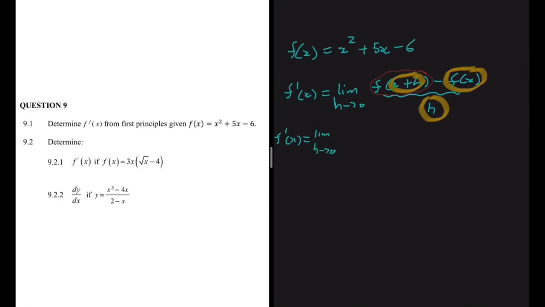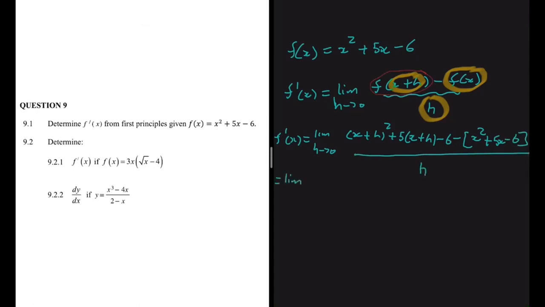In place of x squared, we put x plus h squared, and then plus 5x, in place of x we put x plus h, and then minus 6. And then we subtract the function itself, so we have x squared plus 5x minus 6, and we divide everything by h.